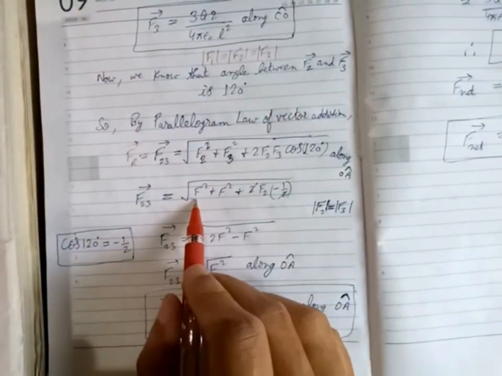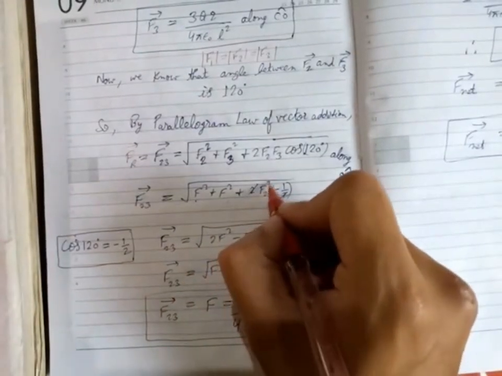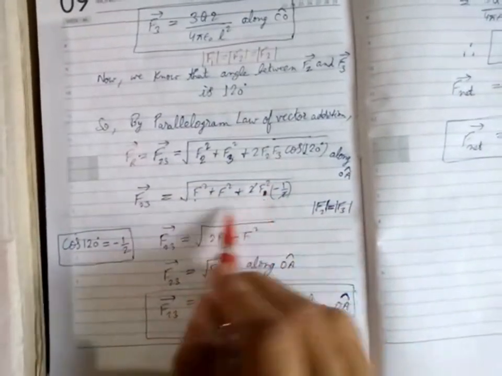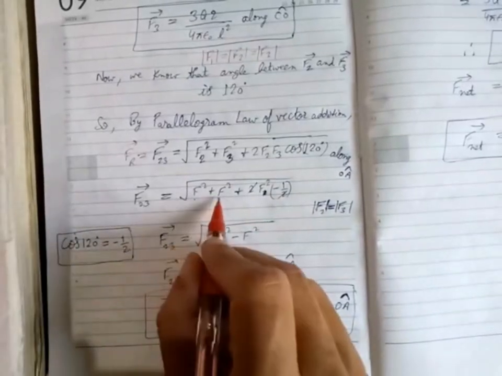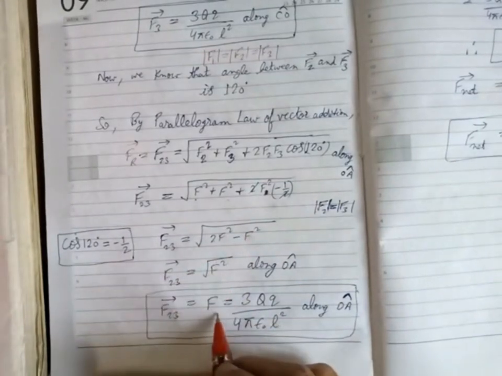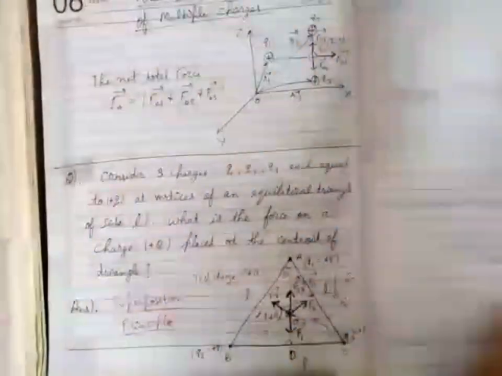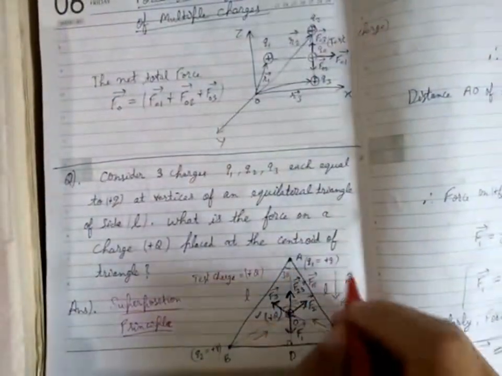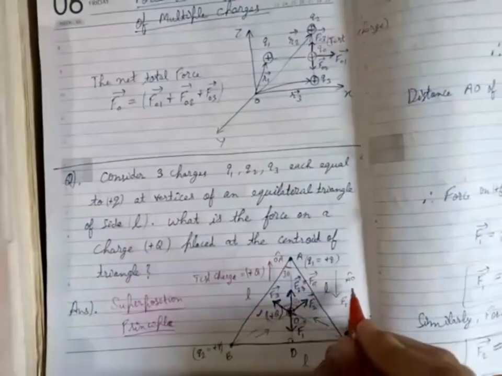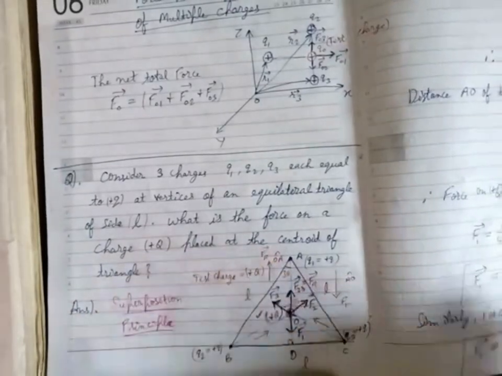So F square, this will be F square, this will also be F square. So we will be getting 2F square minus F square. We get the square root of F square, that is equal to F, and this will be along the OA direction. This is the OA direction, the opposite of AO downward, that is the FR resultant vector.